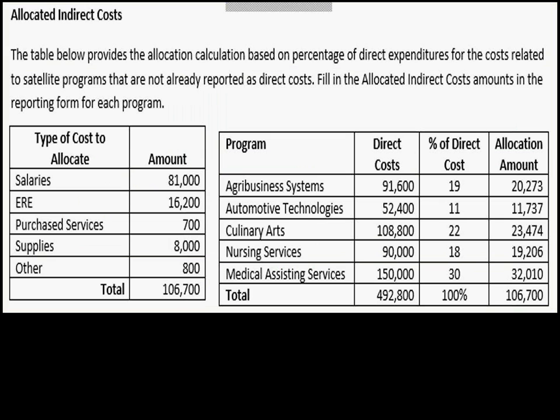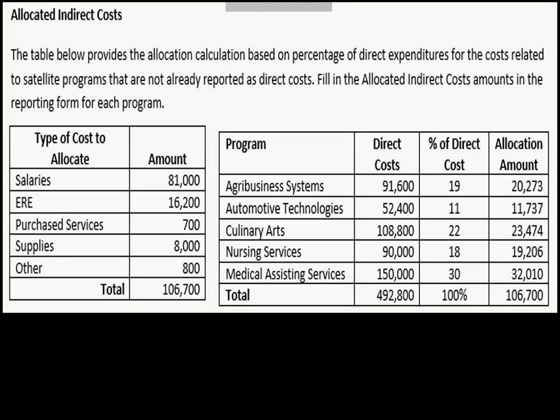This table provides the allocation calculation based on a percentage of direct expenditures, excluding property expenditures, for each satellite program. So once you've already done the work that we've finished looking at for direct costs, you can total those direct costs, excluding property, because property in some years is going to be high for some programs and low for other programs, and probably does not have a direct correlation to the other kinds of costs that you're trying to allocate.